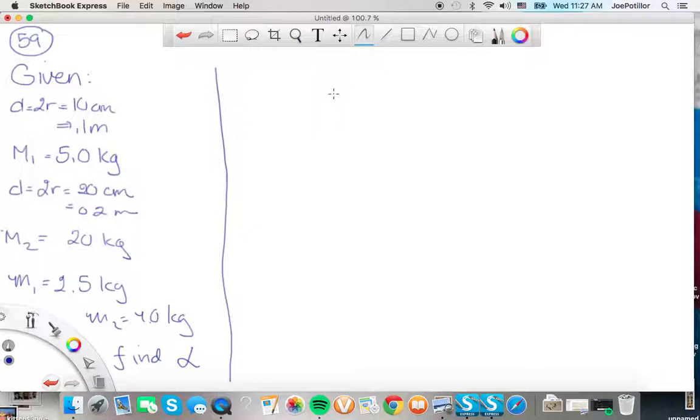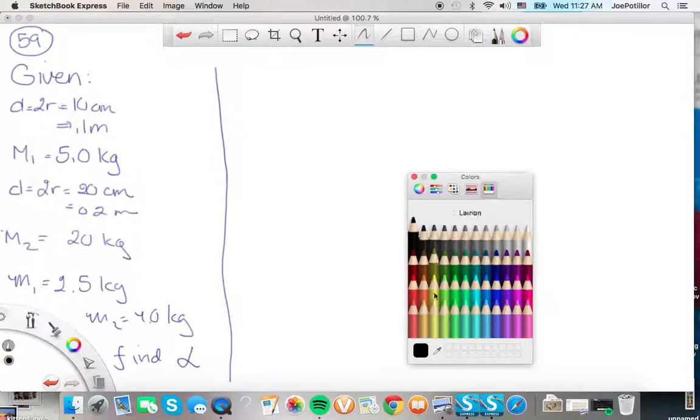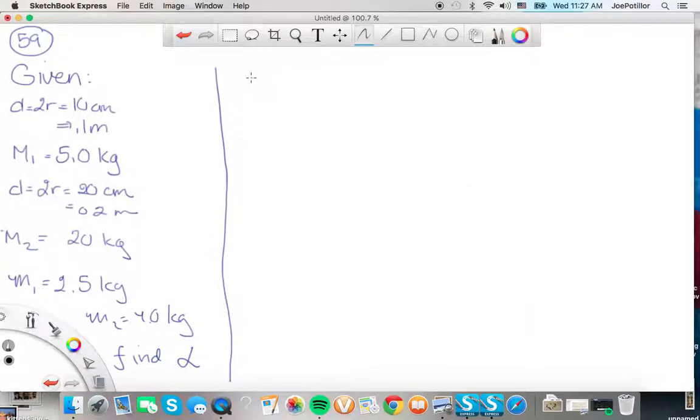We have two cylinders, so let's draw them separately. This is for our solution. Well, first we'll draw them together. This will be M2, and this will be M1.